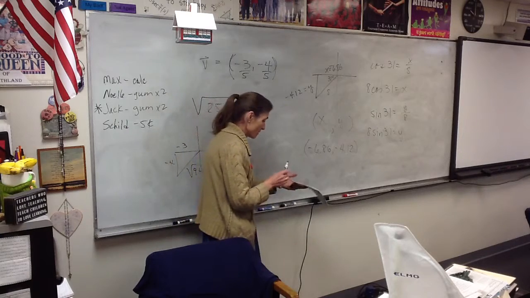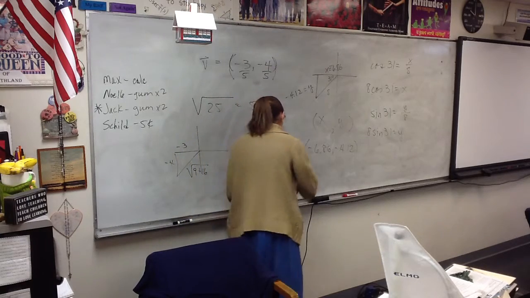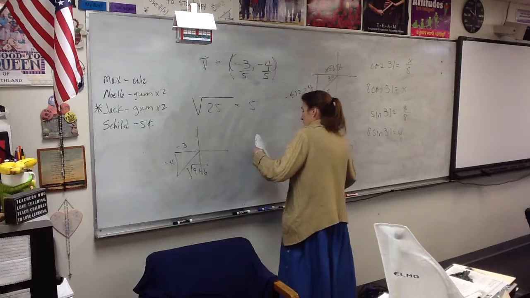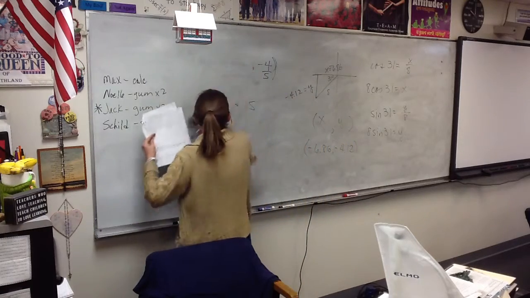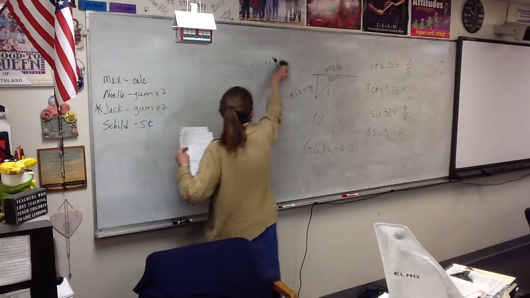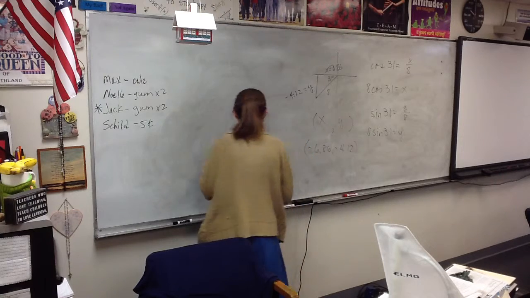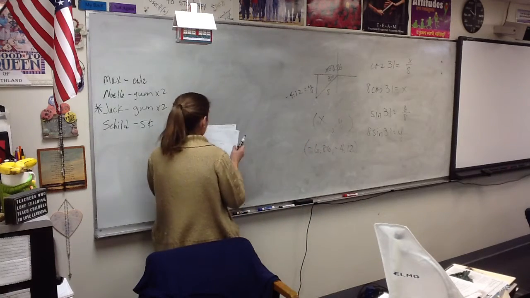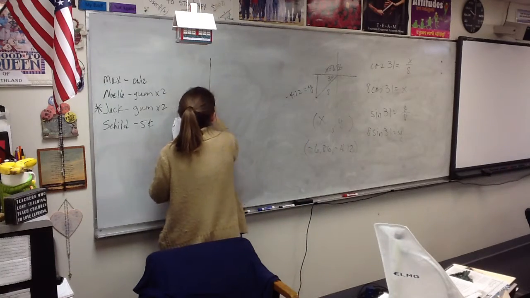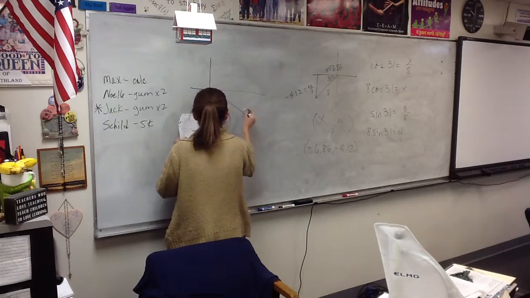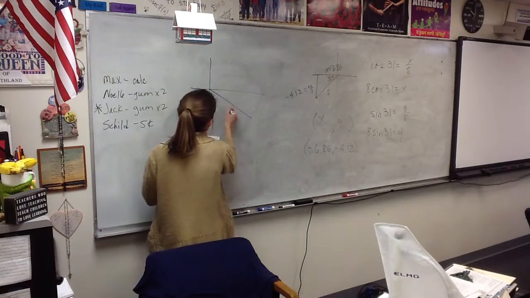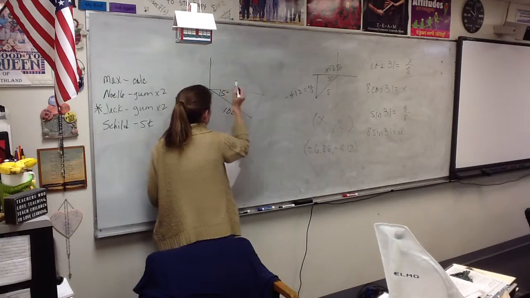Let's do one more of those from that section. Now we're going to do D. Boys, this is 6D we are now doing. So we have a magnitude of 100 and an angle of 15.